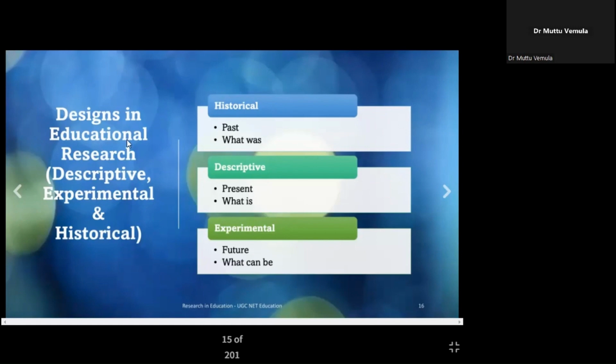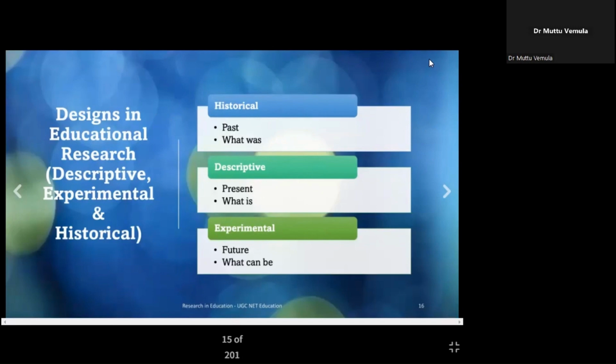So there are three broader designs of research called historical, descriptive, and experimental. What is historical? If your research talks about the past, for example, what were the educational practices during British rule in India? Now tell me, this statement of research study belongs to which of the following types: historical, descriptive, experimental, none of the above.